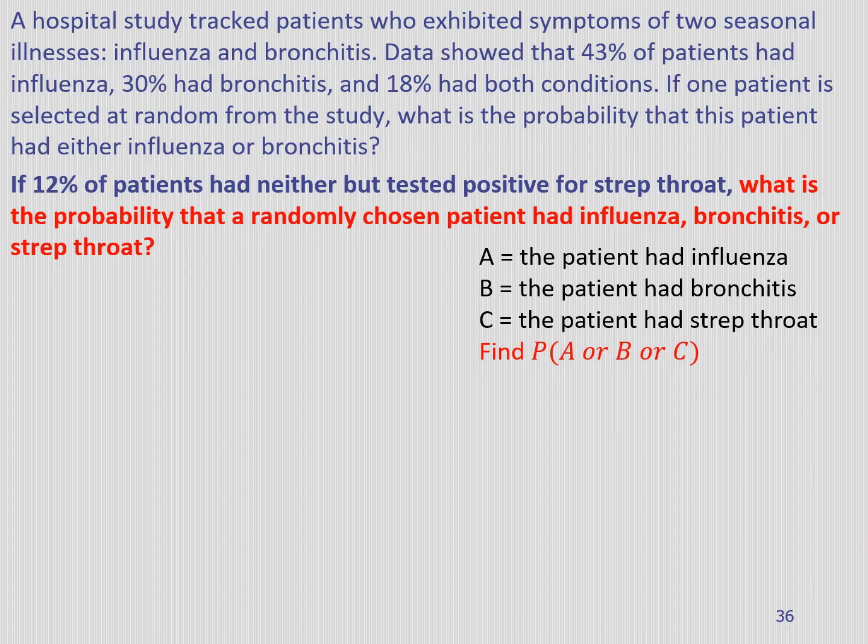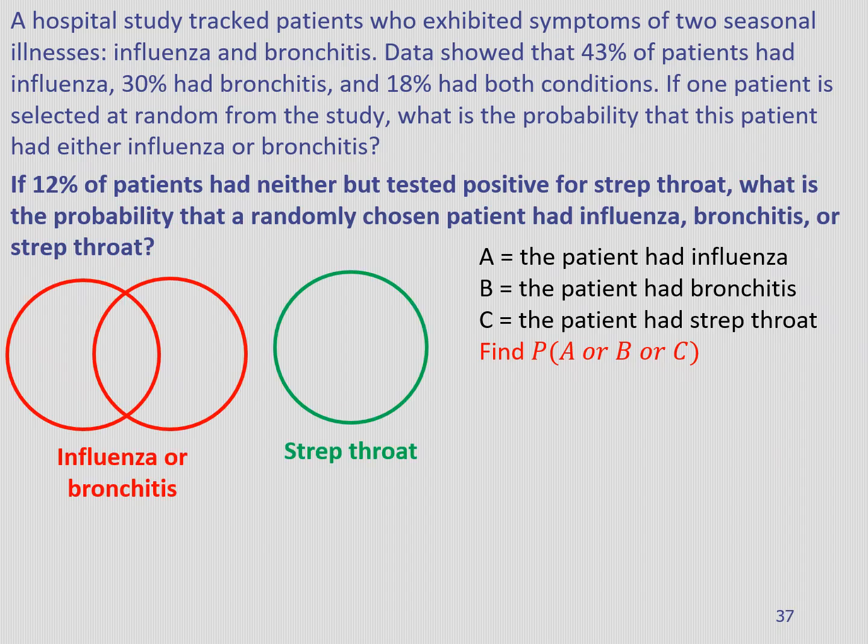So the A and B, we've already done that part, right? That's the 55% from earlier. So visually, the influenza or bronchitis, that's 55% of patients. That's what we calculated in the beginning, the 43 plus the 30 minus the 18. That's always our first result. Strep throat, that circle is off on its own.